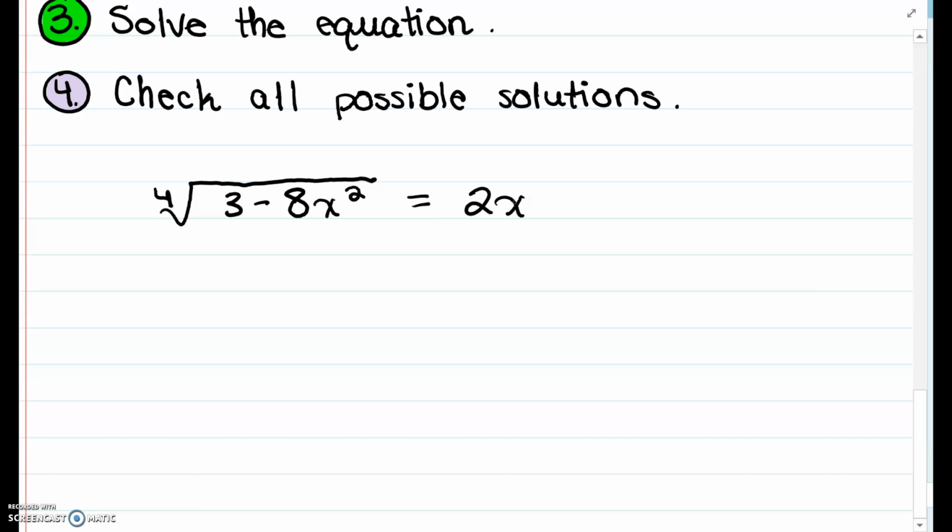The radical is already isolated, so our first step is to raise both sides to the power of 4. I'm going to raise both sides to the power of 4, and I will end up with 3 minus 8x squared equals 16x to the 4th.